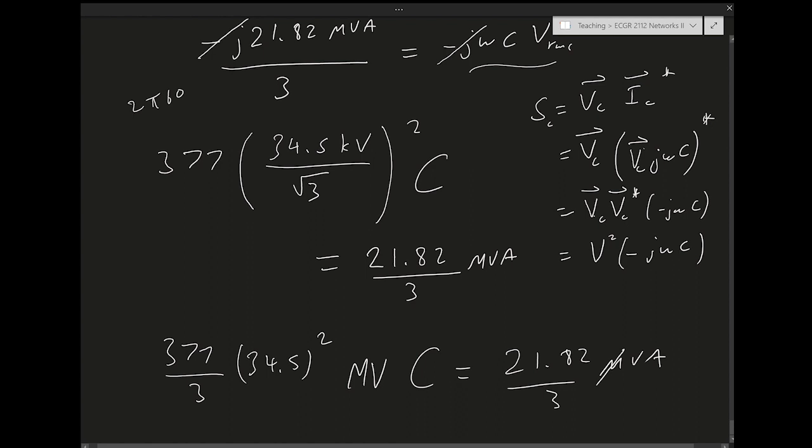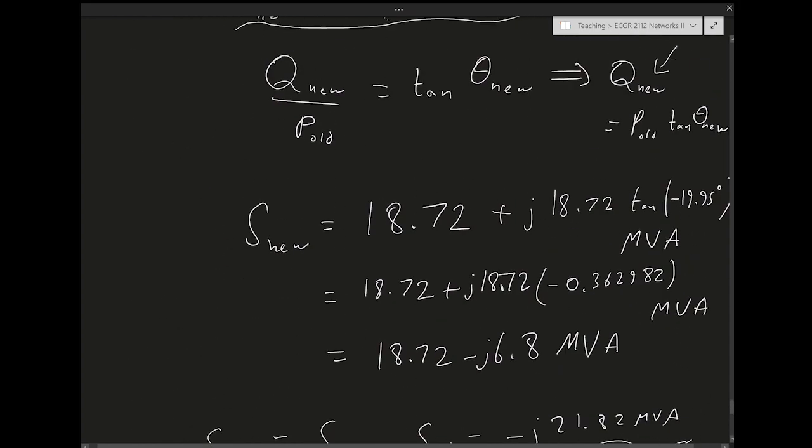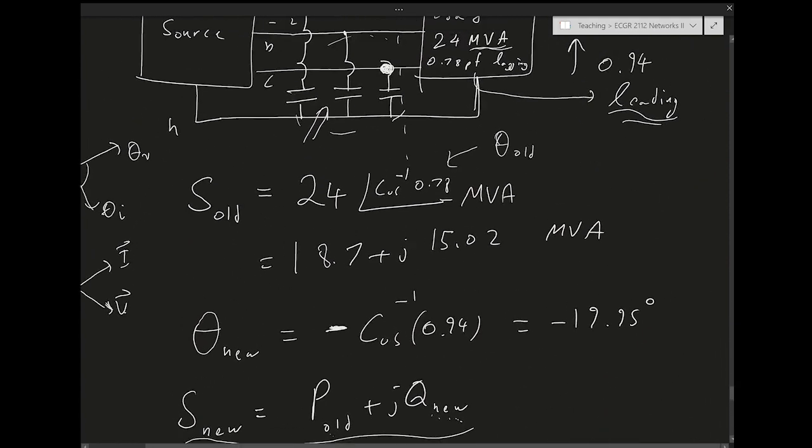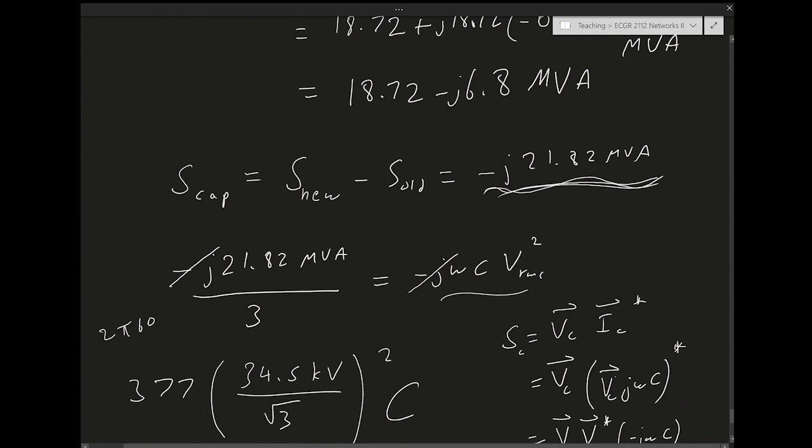The mega cancels with the mega. And then we can rearrange terms and only C is unknown. So this gives us the value of the capacitor to be 48.62 microfarad. This is the amount of capacitance required to improve the power factor from 0.78 lagging to 0.94 leading.